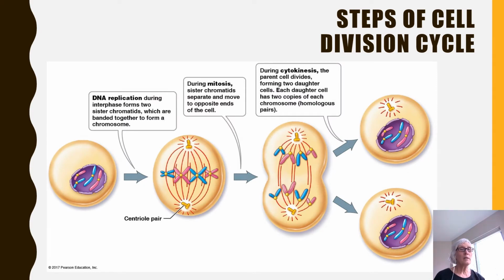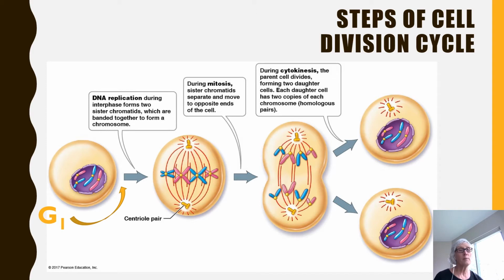I want to look at the steps of cell division, and then I want to look at specifically the steps of the mitosis part of the cell division cycle. So first off, on the left, we have a cell, and that cell will enter the G1 phase of interphase, meaning that it will grow.